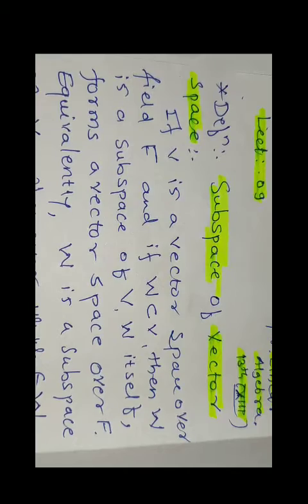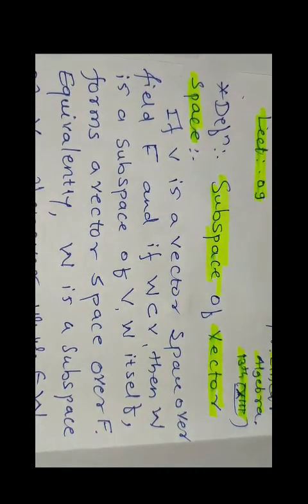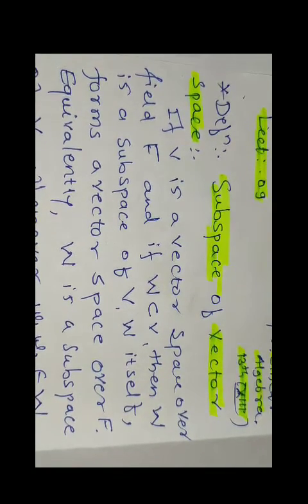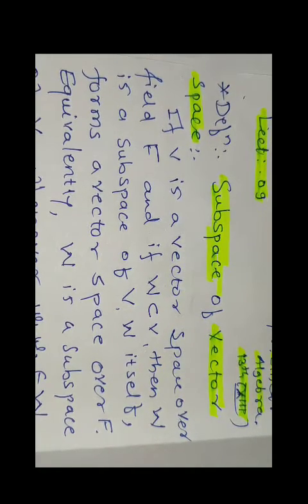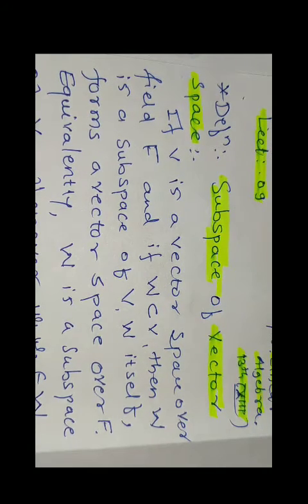So in third and fourth semester we have discussed some concepts like group and ring, and in 9th and 10th standard we studied what is a set. The next concepts are subset, ring, subring, group, subgroup.